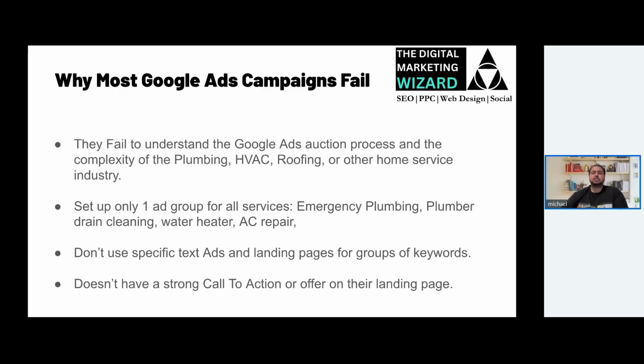I know keywords are such a huge part of organic foundations, and it's such a simple thing to look at what those keywords are. Keywords for plumbers are plumbing, plumber, drain cleaning. For HVAC, you have heating, air conditioning, air conditioner, AC, furnace.